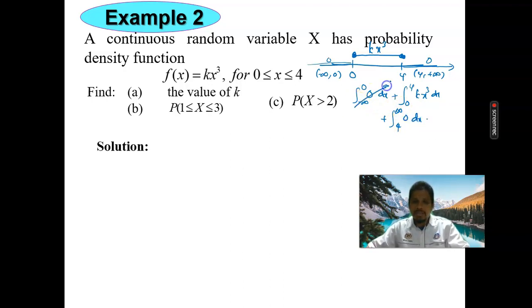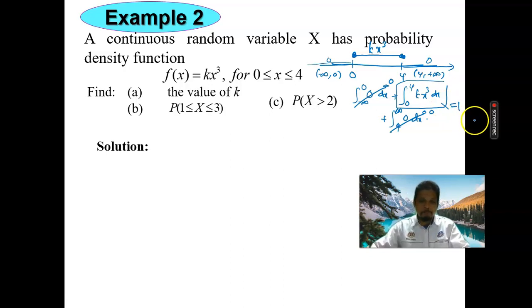So this is 0, and this is also 0. And if this is a continuous random variable, okay, it's a probability function. For this case, the answer of this integration should give you 1, equal to 1. Okay, so we're going to try now.